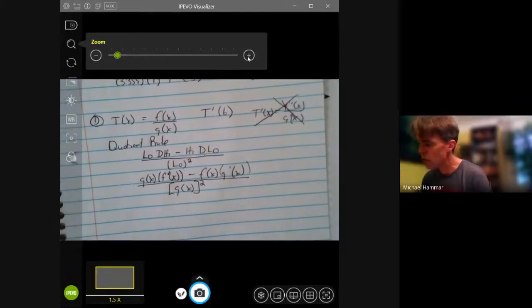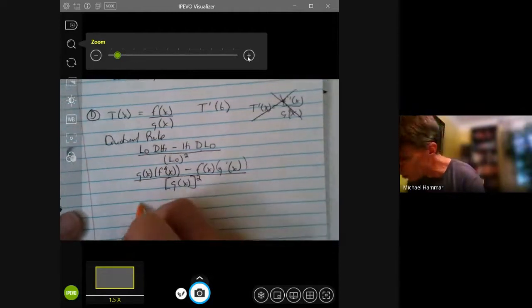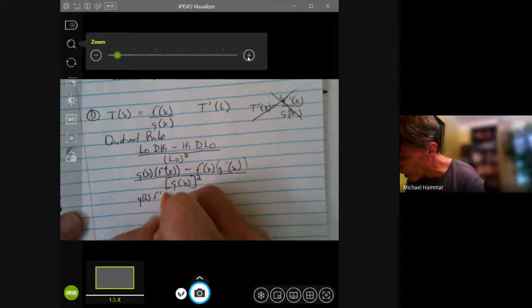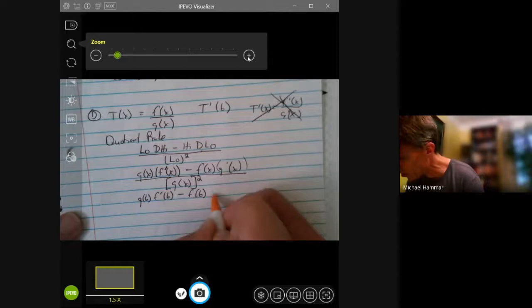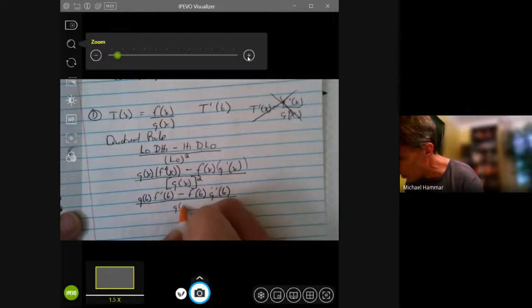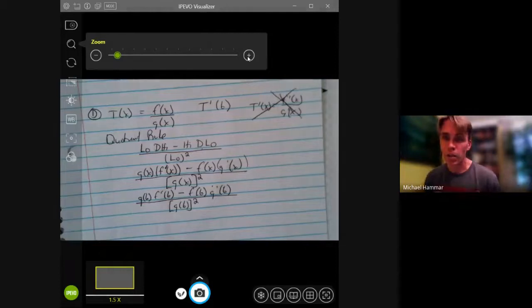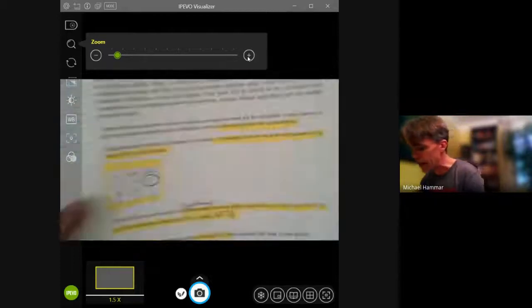Okay, so we are trying to find t prime of 6. So what that means is we're going to find g of 6 times f prime of 6 minus f of 6 times g prime of 6 all over g of 6, but I have to square it. Now, remember what we did in the previous problem. In the previous problem, the g of x stuff was simple to find because it's back here in the table.